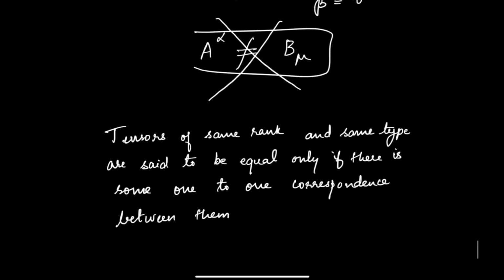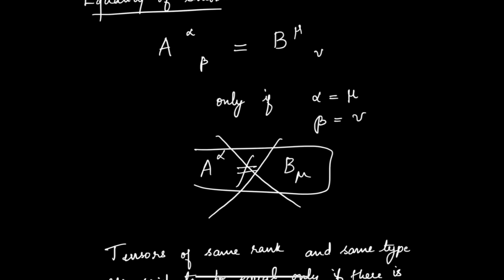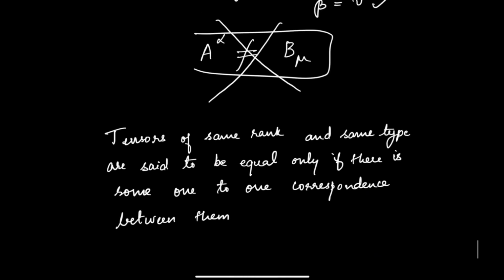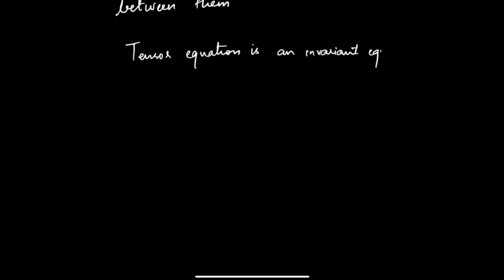So A alpha beta is equal to B mu nu only if alpha is equal to mu and beta is equal to nu. So a tensor equation is an invariant equation. You should always remember that a tensor equation is an invariant equation.